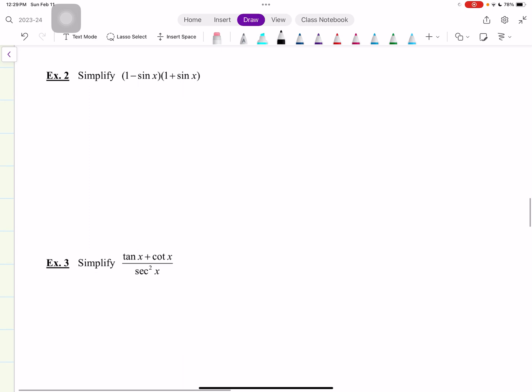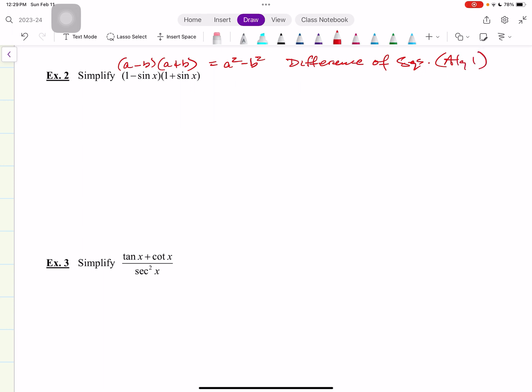Now, this next one, you just multiply. And guess what? This is a difference of squares. A minus b times a plus b is a squared minus b squared, that you saw earlier. It's called a difference of squares that you saw in Algebra 1.